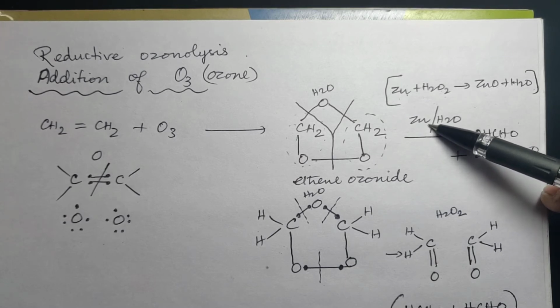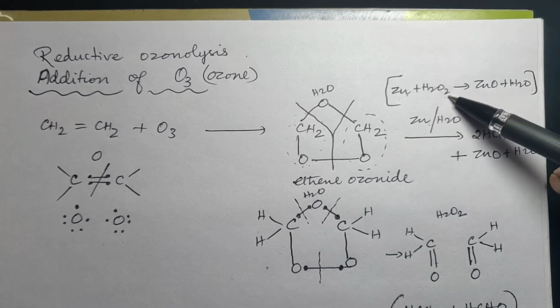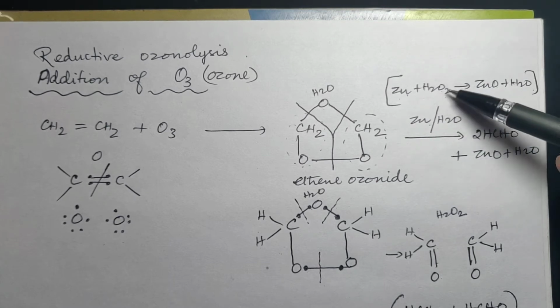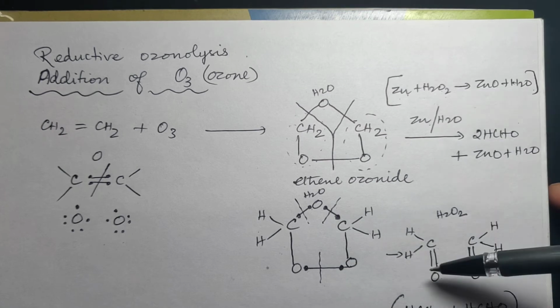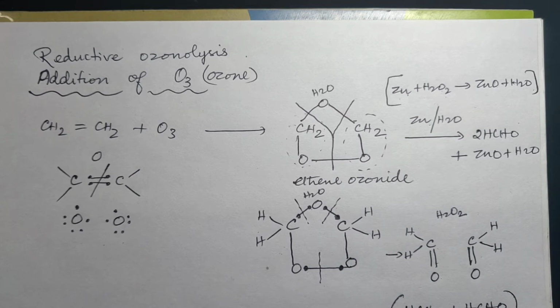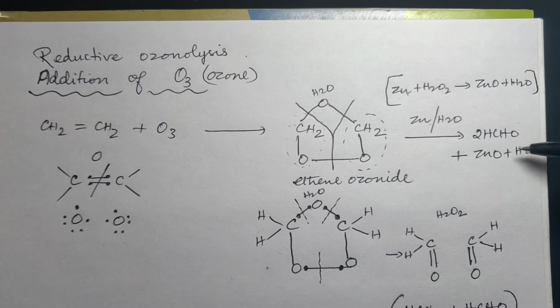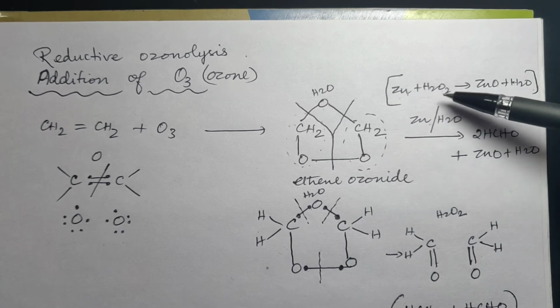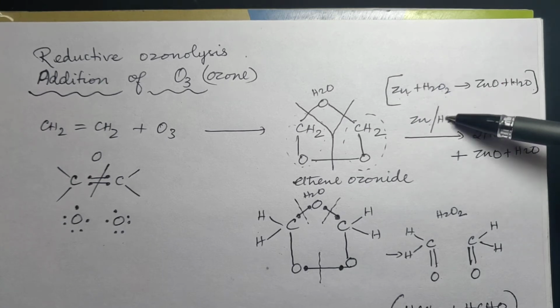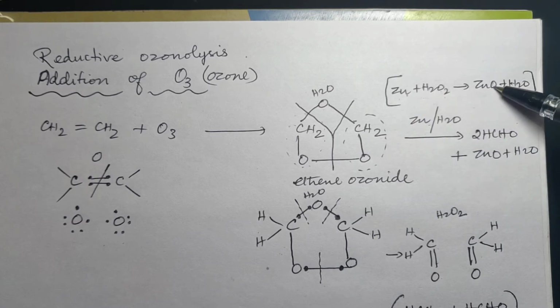So that as soon as H2O2 is formed, zinc will immediately react with it, so that the action of H2O2 on the product formed does not take place. That is why zinc dust is added. Right? So what is it doing? H2O2 is acting as an oxidizing agent, oxidizing zinc to zinc oxide.